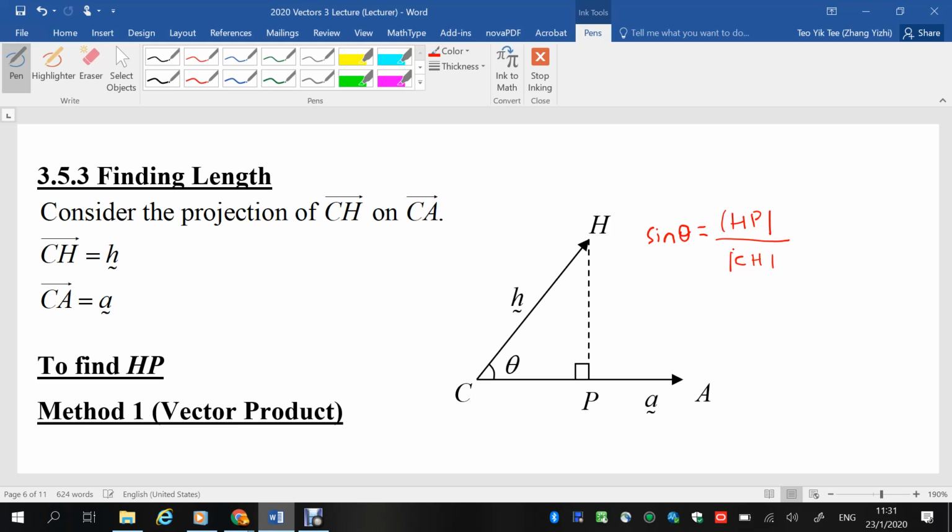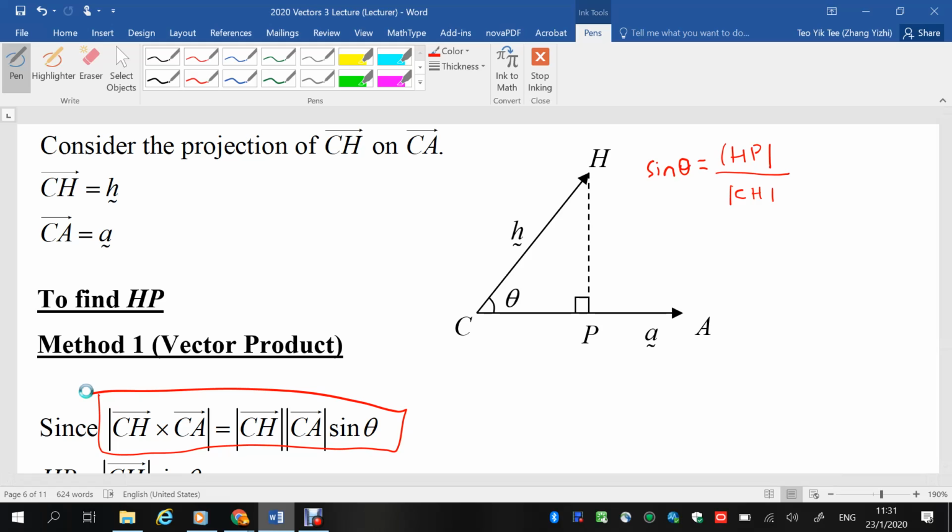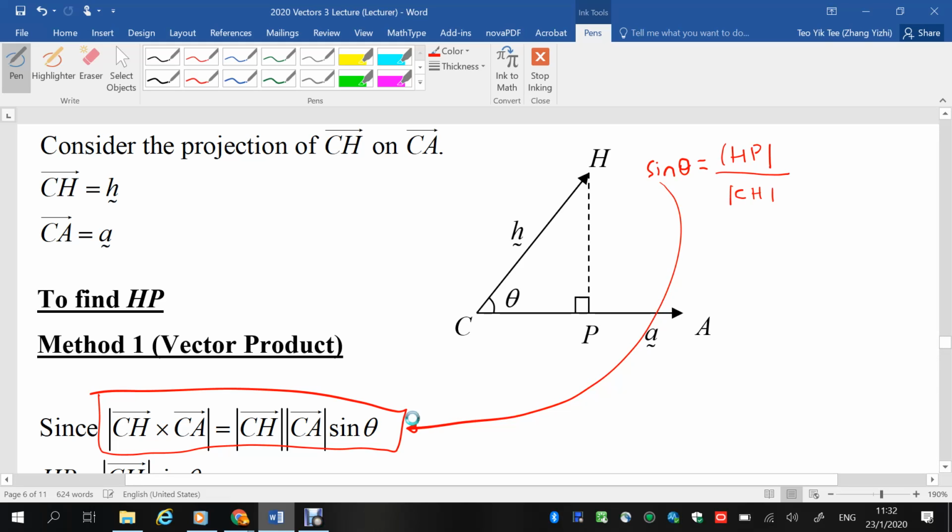If I want to use the cross product formula, what will happen is that I will see this. This is cross product. CH cross CA via the cross product formula is the magnitude of CH, magnitude of CA, sine theta. Follow so far? Next, can you put the sine theta inside here?